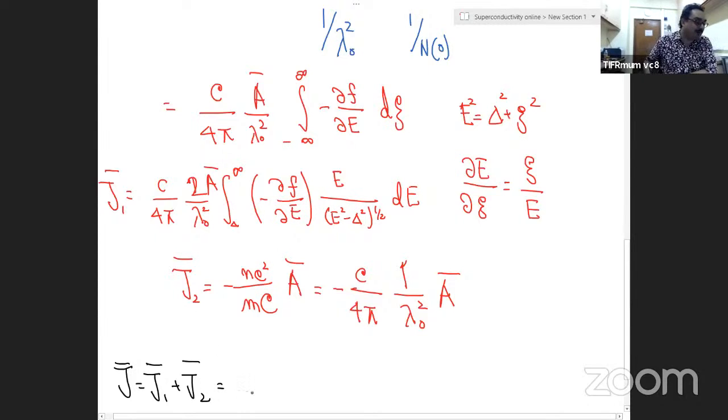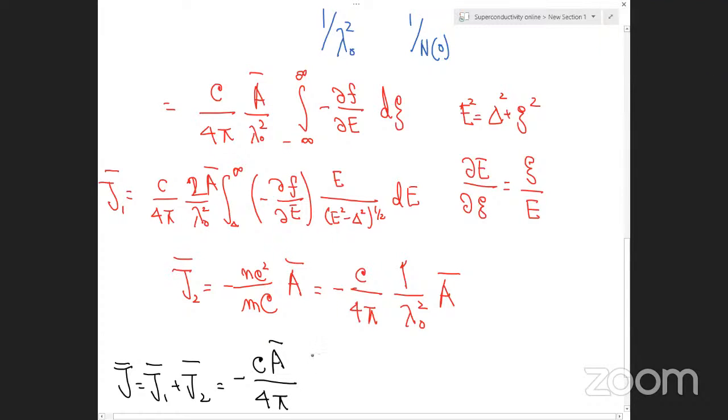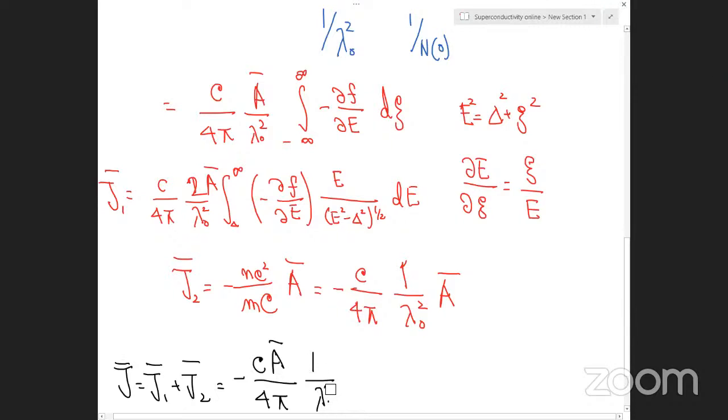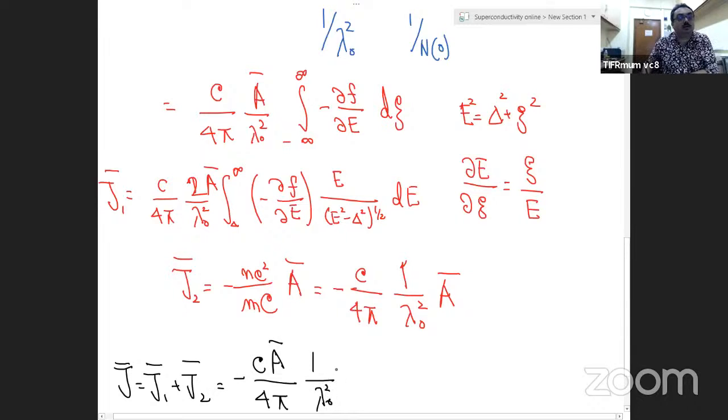But let's see if we can go a little bit further and get a little bit more of insight. So I get CA by 4 pi. So there is a 1 by n0 factor, I guess. No, there is not. When you convert sum to integral, you have an n0 that comes and that will get cancelled by this 1 by n0. By now we have done millions of sum to integral. You should not forget this anymore.